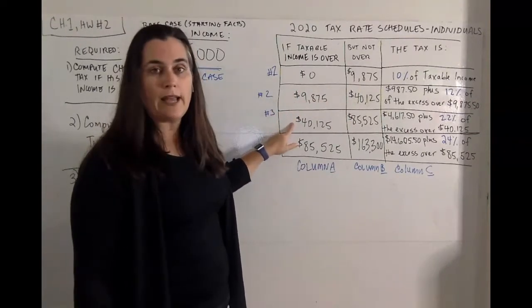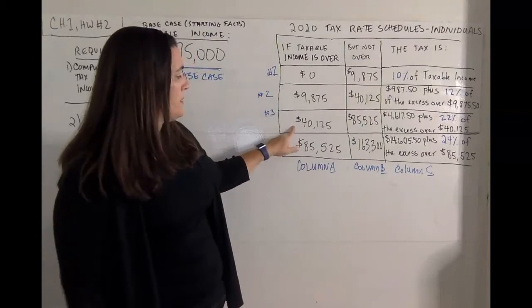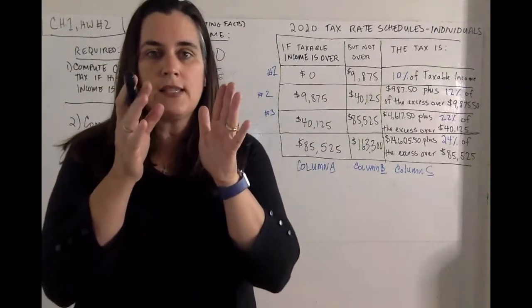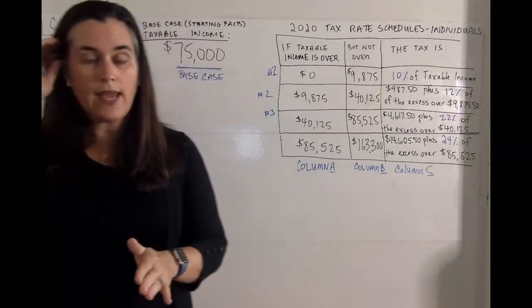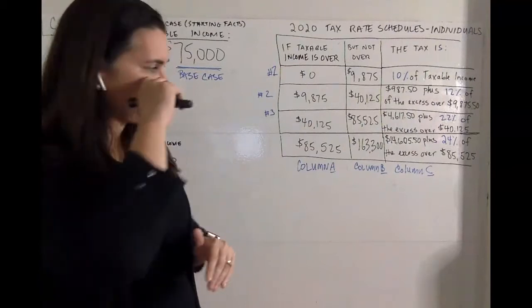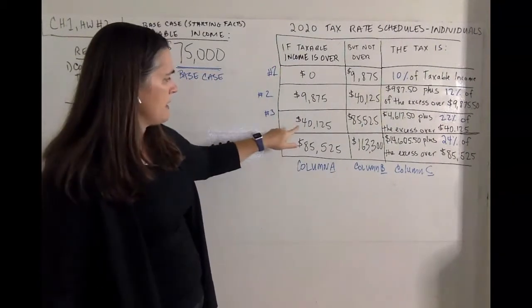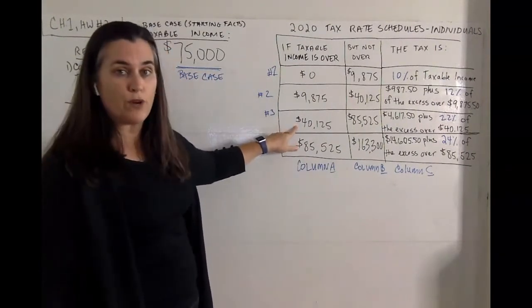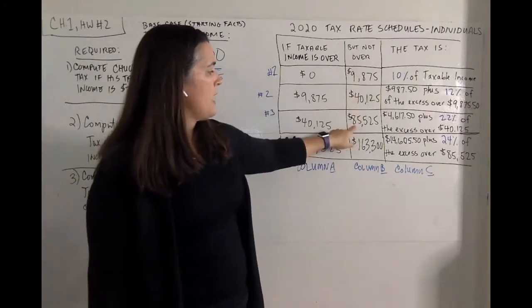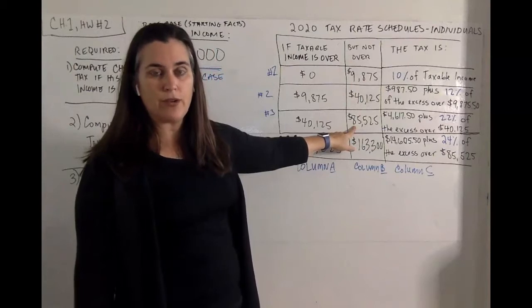So this doesn't apply to him either. I keep saying income, and I want to make sure it's clear: this is his taxable income, okay? It's the income that Chuck has that is subject to tax. $75,000, yes, it's over $40,125, but no, it's not over $85,525.